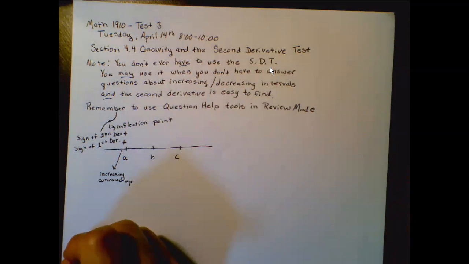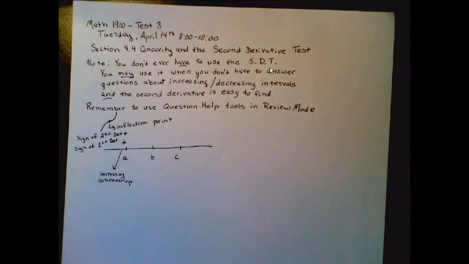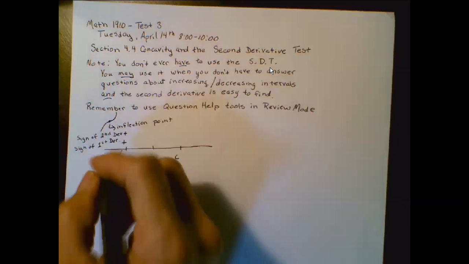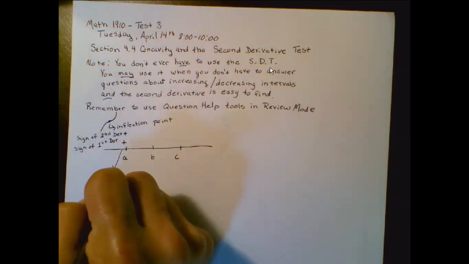Can you, on your own paper, sketch a little piece of graph that is going uphill left to right and it's concave up? Try that. Increasing means going uphill from left to right.